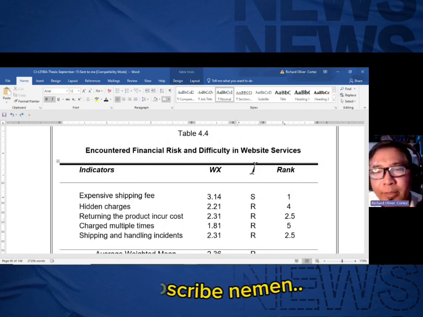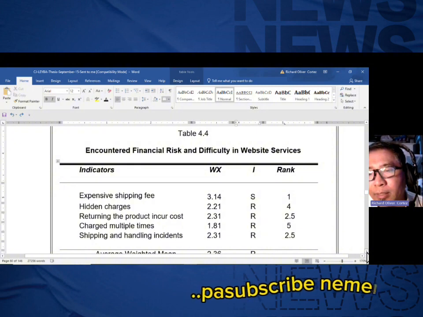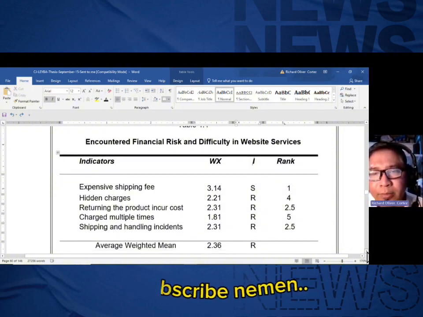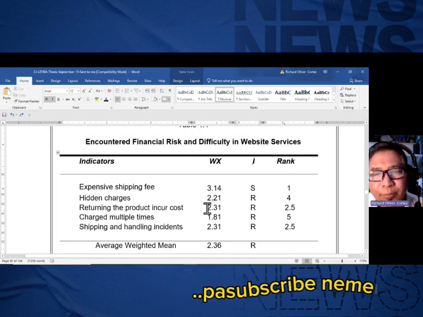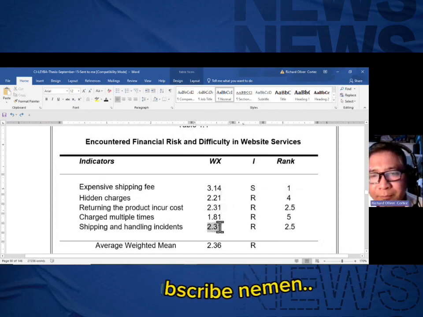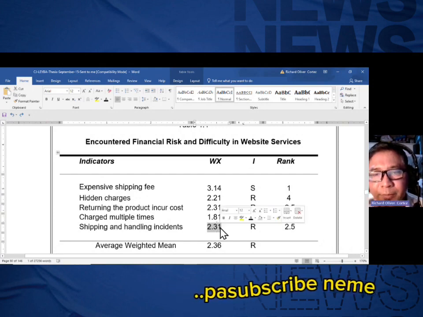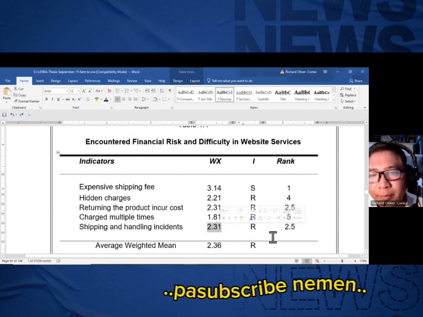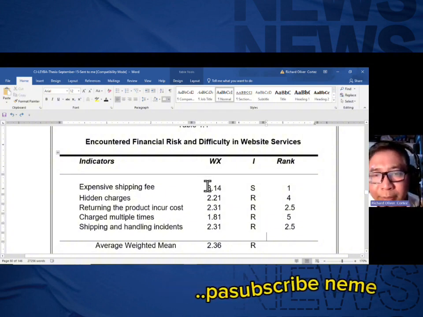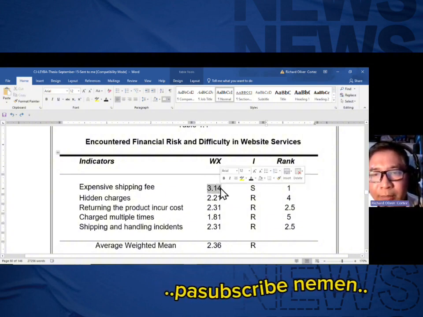Ito yung sinasabi ko kanina na may mga numbers that will tie. Example, nag-tie yung 2.31 and another 2.31. How are you going to break the tie? Okay, so the highest obviously is yung 3.14. That is your rank number 1.